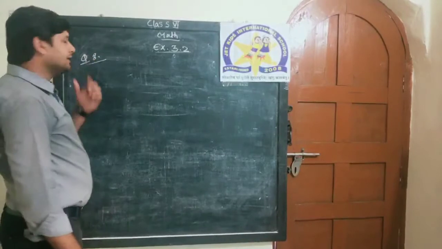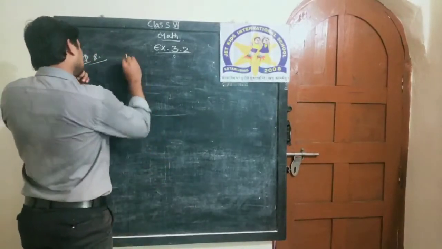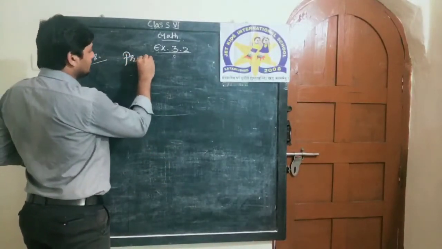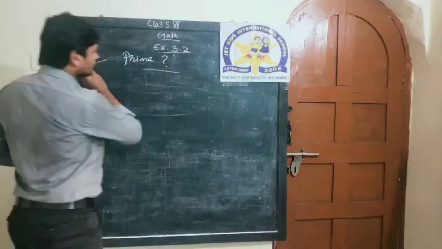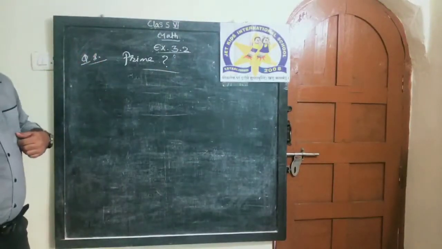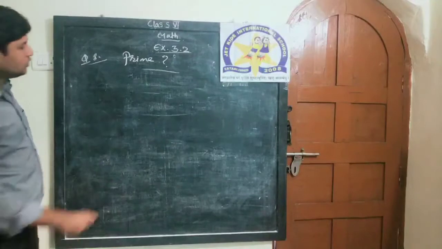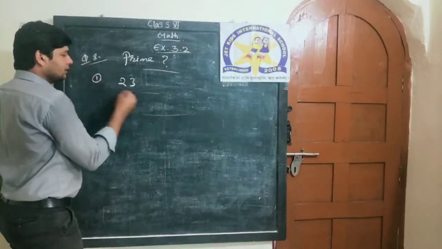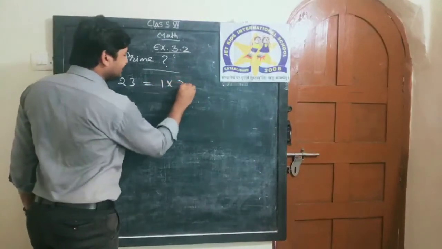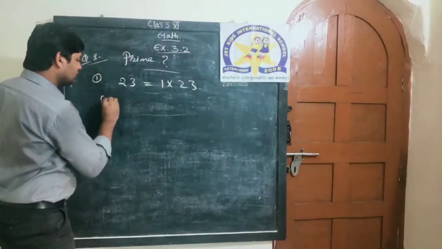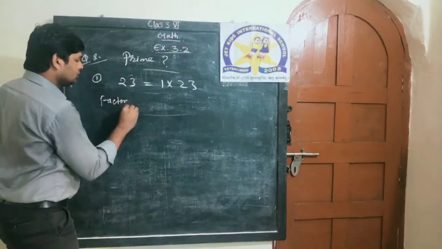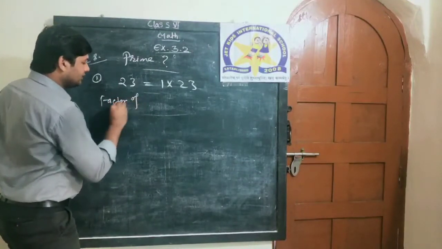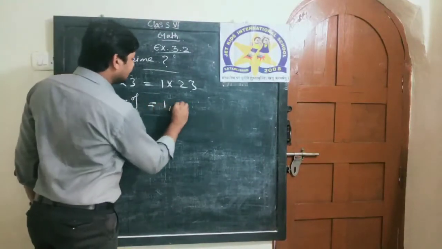Okay, question number 8. What you have to find? Prime numbers. You know how to find prime numbers. First one is 23. We already know the factors of 23, that is 1 times 23. So the factors of 23 are 1 and 23.